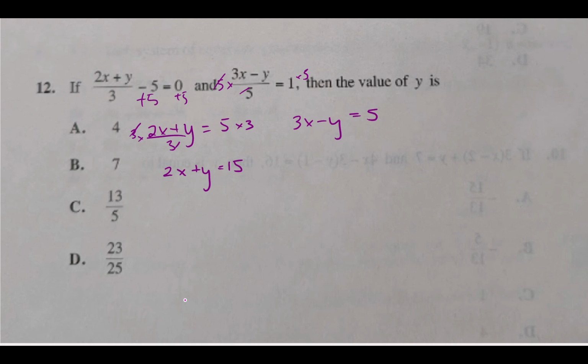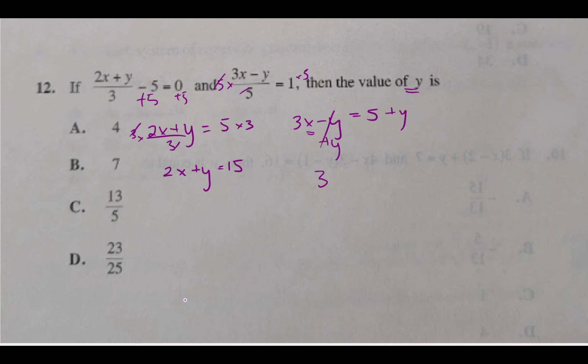Now I want to solve for y because it's asking for that. So what I could do is get x alone in one of these and then plug it in. So I'm just going to start with my second equation, and my goal is to get x alone. So I'm going to move the y to the other side. So add y to both sides.